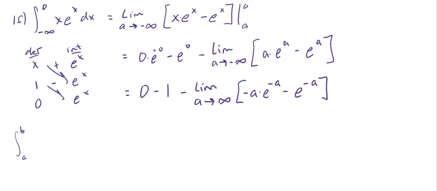Close. All right, let me talk about this for a moment. E to the negative a, as a goes to infinity, that's exponential decay. And what happens is this goes to 0. So I'm going to wind up getting negative 1.